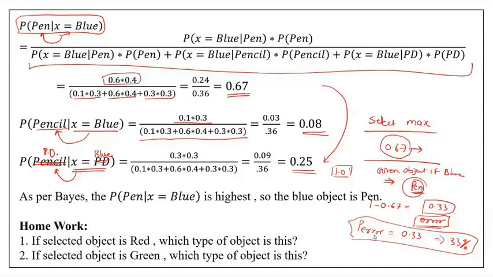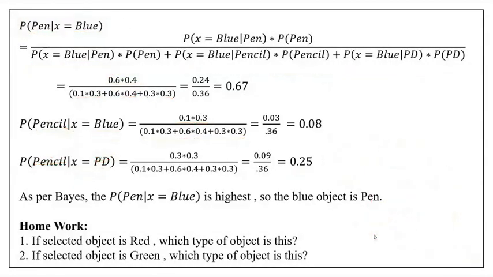The second part, same procedure. I hope you will solve this, because this will give you very good practice, so try to solve it on your own. If the selected object is green, what type is it? This will be a very good exercise to understand the basics of machine learning.